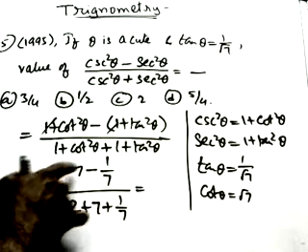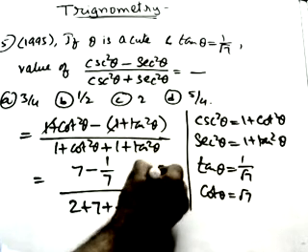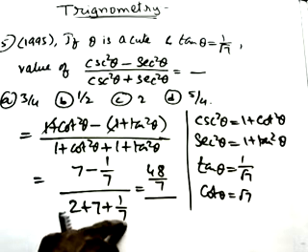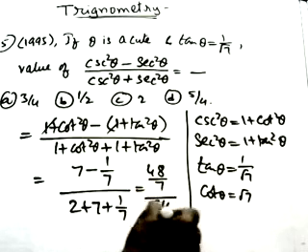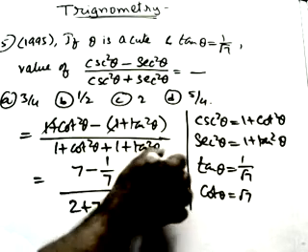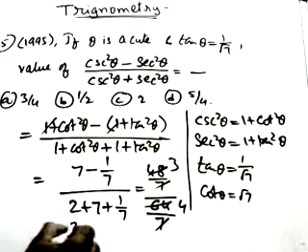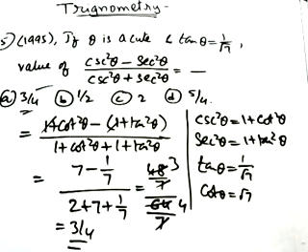Solving: 7 sevens are 49, minus 1, 48 by 7. And 7 plus 2 is 9, 7 nines are 63, plus 1, 64 by 7. The 7s get cancelled. 48 by 64 is, from the table of 16, 16 threes are 48 and 16 fours are 64. So this is 3 by 4. So this is the answer, 3 by 4.